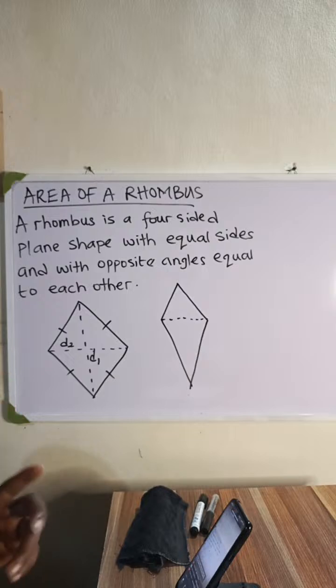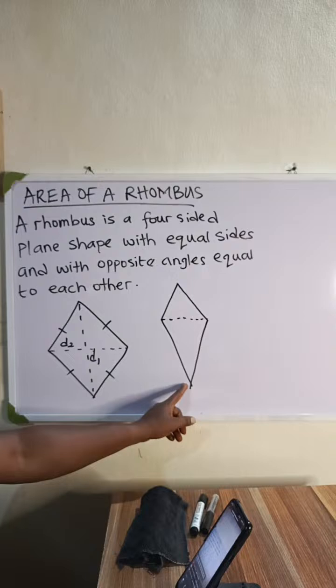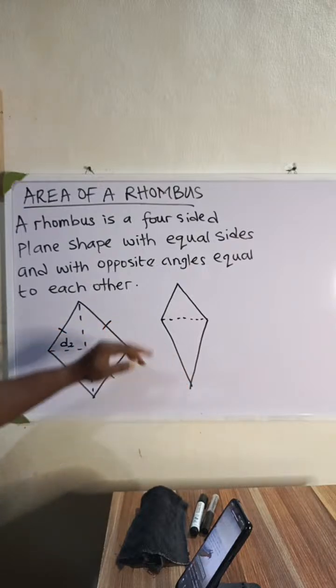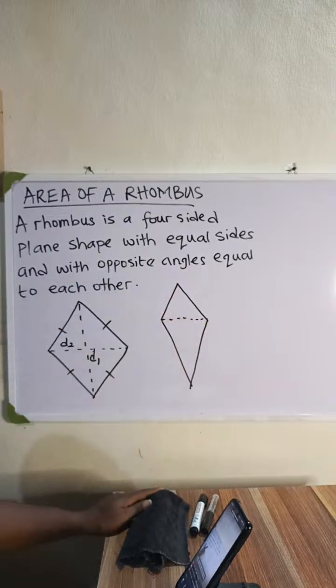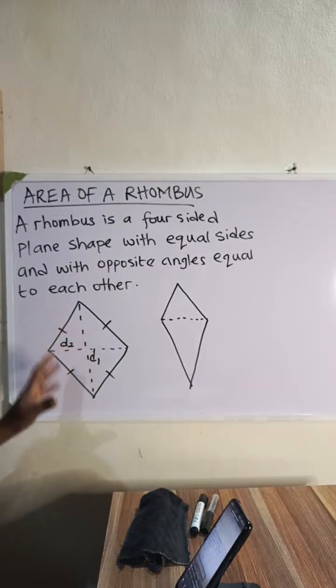For a kite, only one of its diagonals is a line of symmetry. If you draw a line from top to bottom, it's going to divide the kite into two equal parts. But if you cut it through this other diagonal, it's not going to give you two equal parts. But for a rhombus, the two diagonals are lines of symmetry.